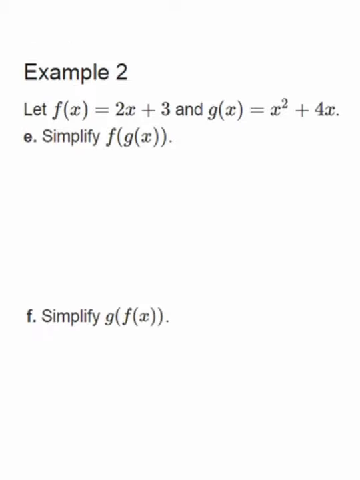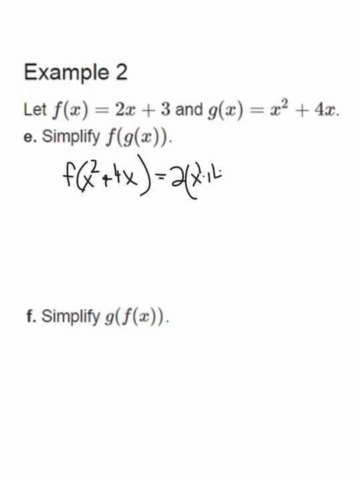We have the same functions, g of x and f of x, and now we want to simplify f of g of x. So we're putting g of x as the entire input into f of x. And so we can write it as f of x squared plus 4x. Sorry, this is so messy.